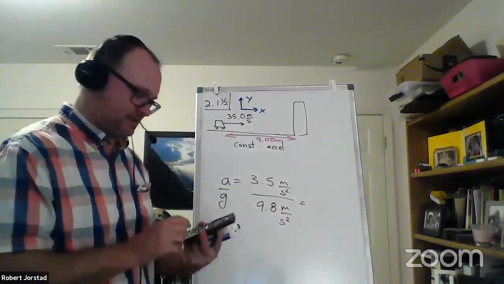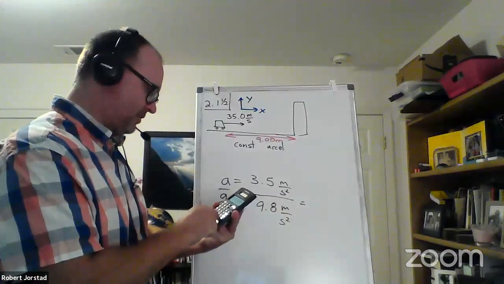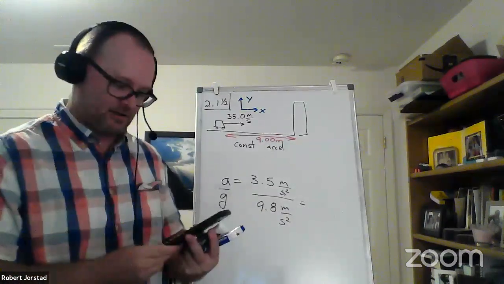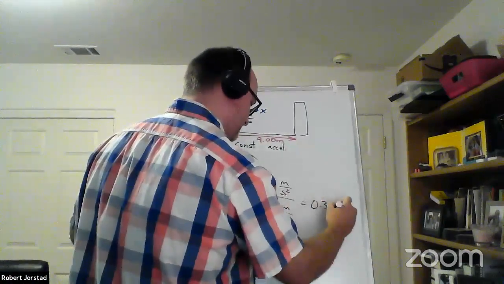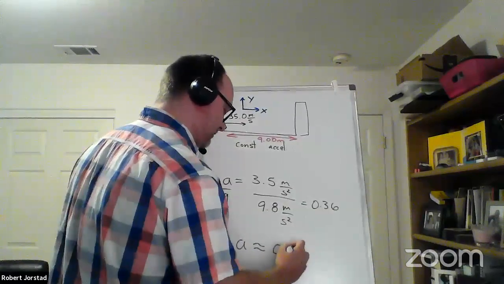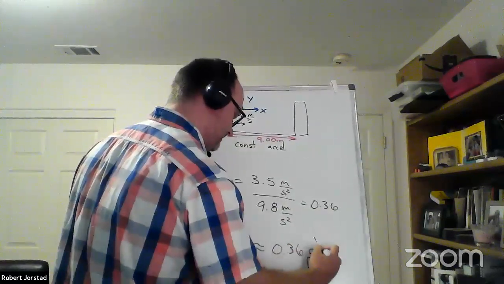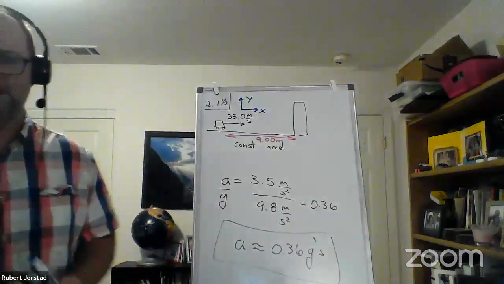That's how you get the G's. So 3.5 divided by 9.8 is 0.36-ish. So that means my acceleration is essentially 0.36 G's. Is that good on that?